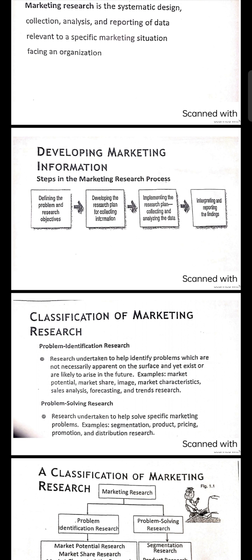So developing a marketing information. Okay, so memorize this one. This one has come out in the past year exam, so you can memorize this. Steps in the marketing research process. The first step is defining the problems and research objective.